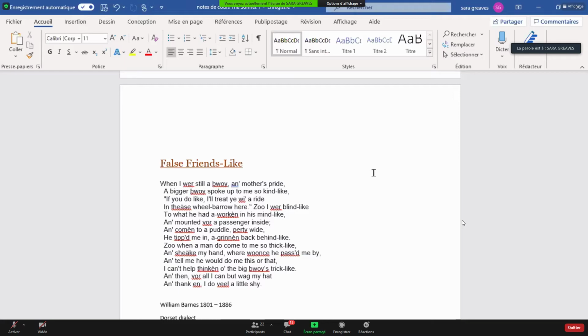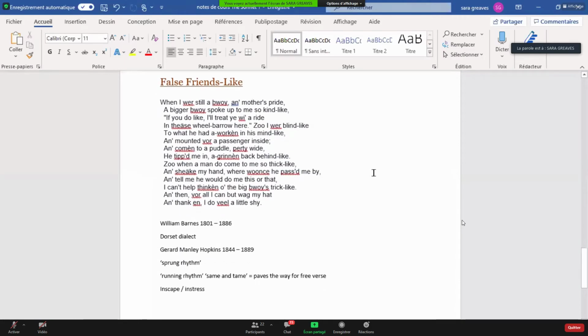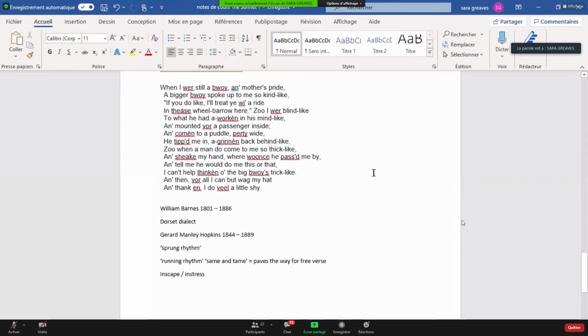Now, this poem is also a good introduction to the first poem that I want to look at today, the poem by Gerard Manley Hopkins that I asked you to prepare. Gerard Manley Hopkins, whose dates are 1844 to 1889, and who, like Barnes, was also a man of the church, okay?